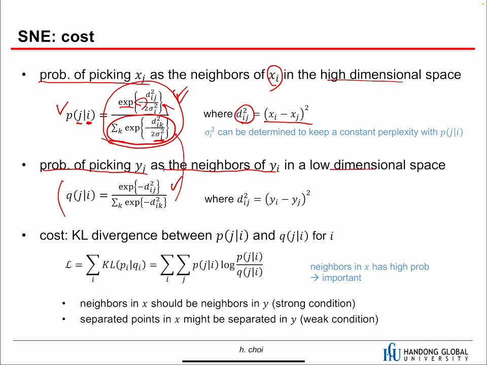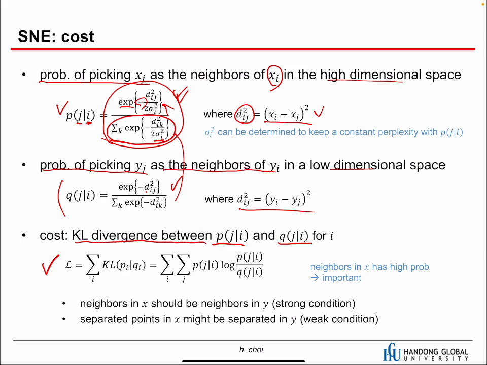And in this equation, d sub ij squared is defined in this way. It's basically the same thing. And then now we have two probability distributions. And then we have to define the KL divergence between this probability and this probability. And this is our loss function.